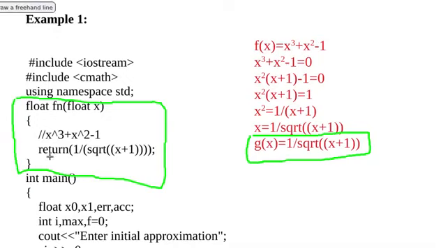So in this function I am evaluating the value of 1 by square root of x plus 1 for each x value. This function returns 1 by square root of x plus 1, that is, it returns a float value.